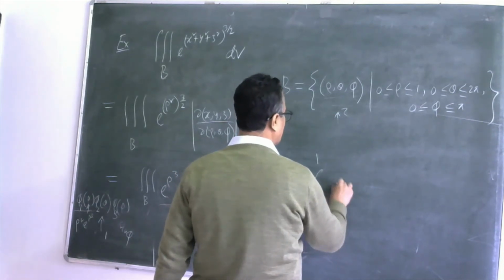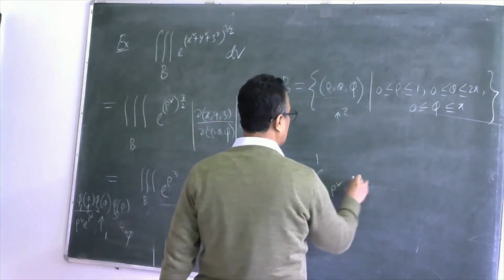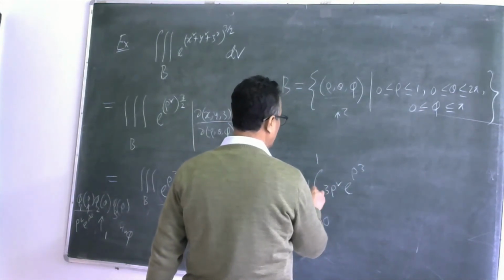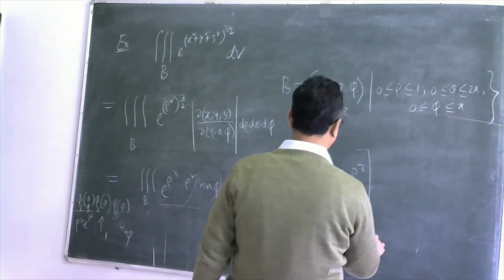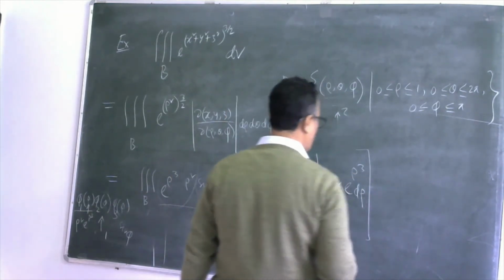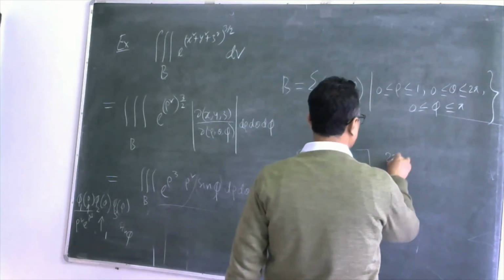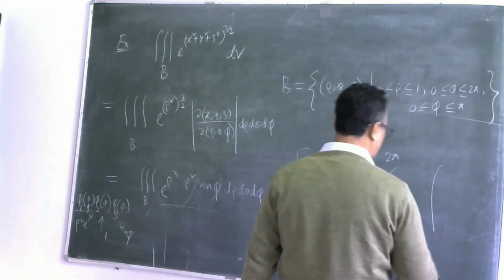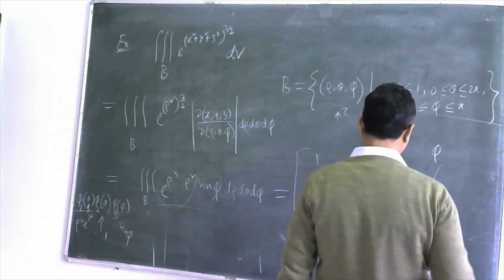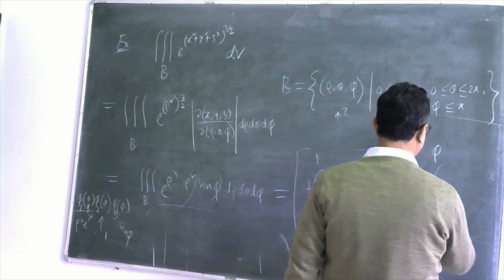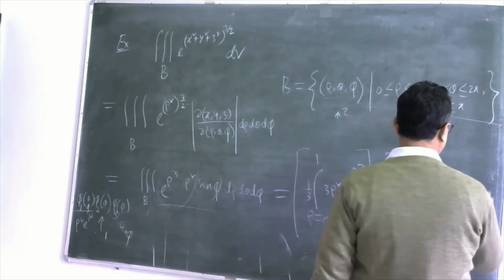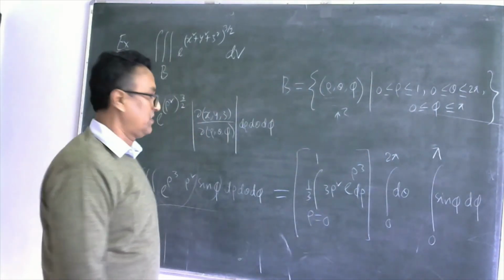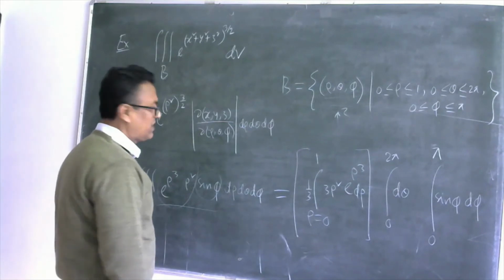And then rho square e to the power rho cube, maybe I can write it as 1 by 3, and then simply 0 to 2 pi d theta, and then 0 to pi sine phi d phi. Okay, and you can easily work it out.